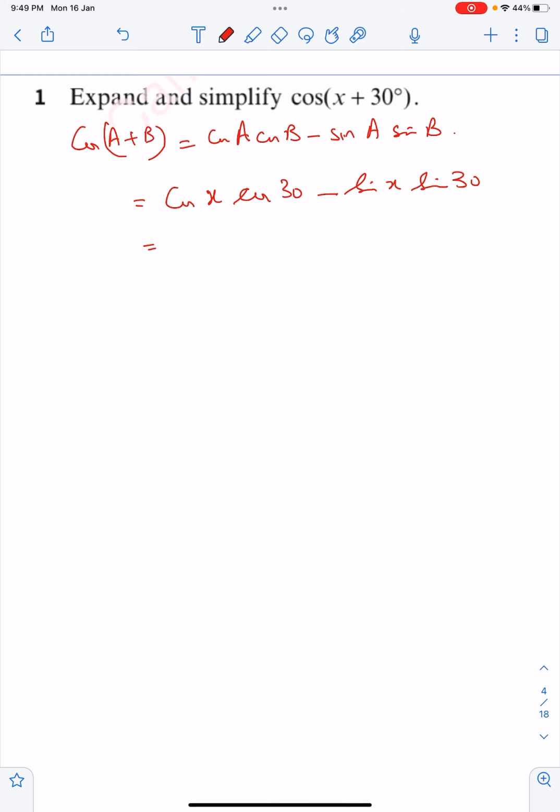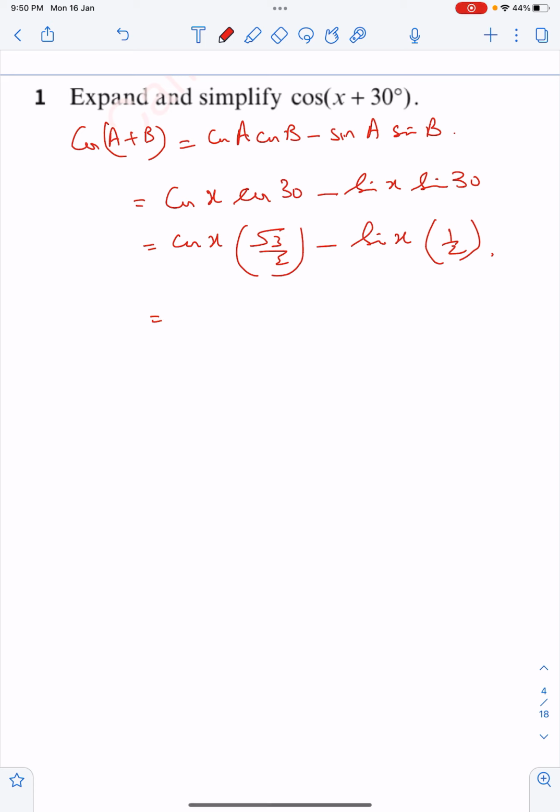We know cos of 30 is root 3 upon 2, times cos of x, or you can even write cos of x first. So, I am writing cos of x into root 3 upon 2 minus sine of x into sine of 30, which we know is half.